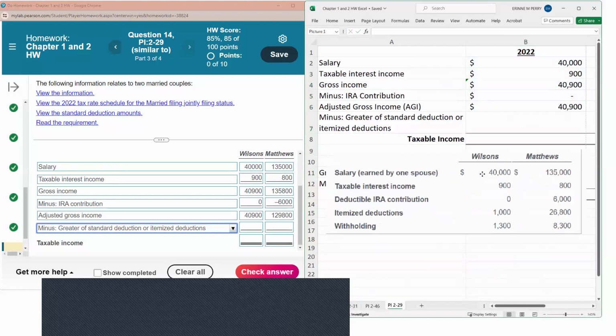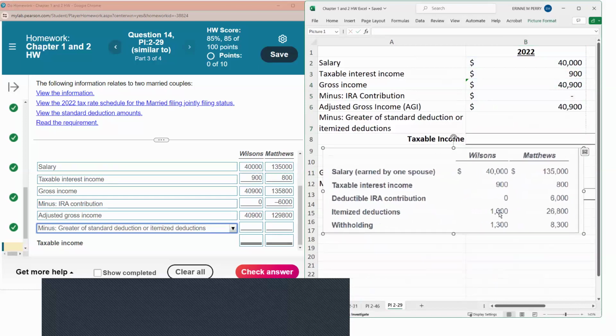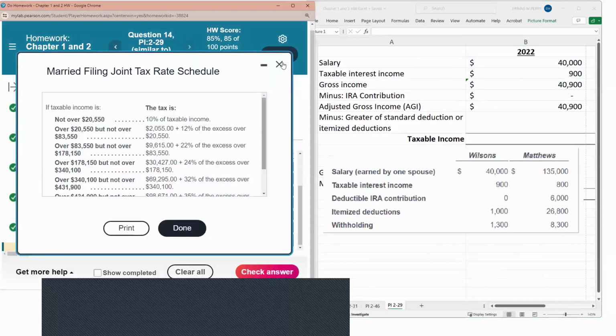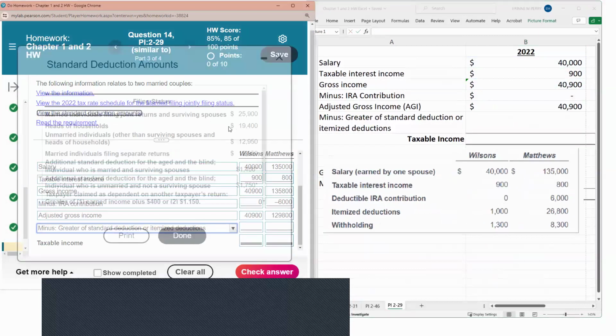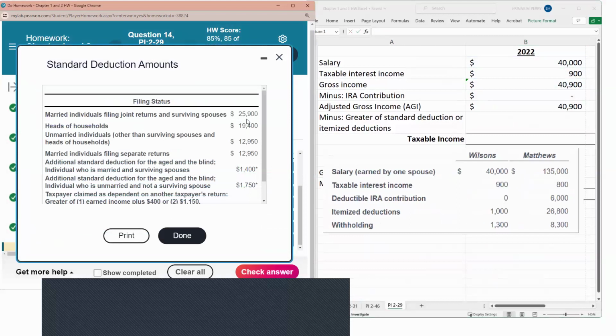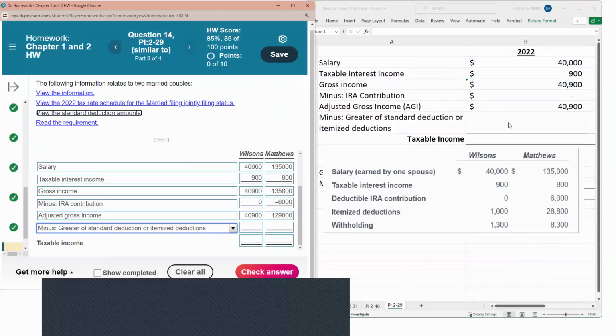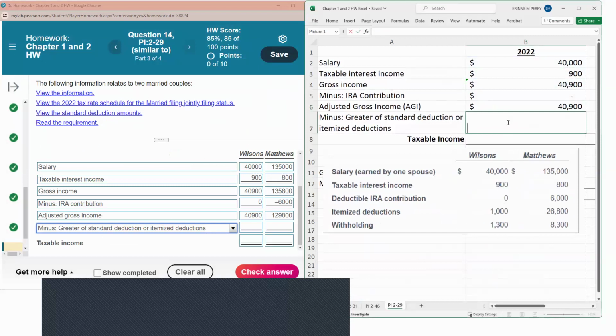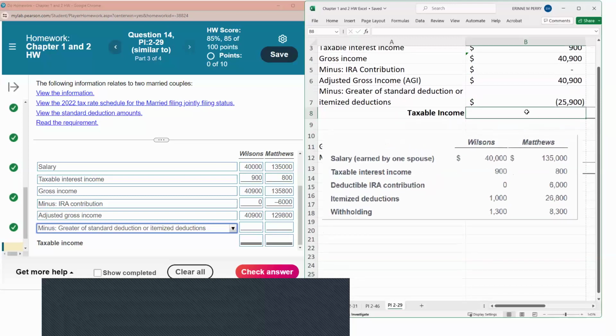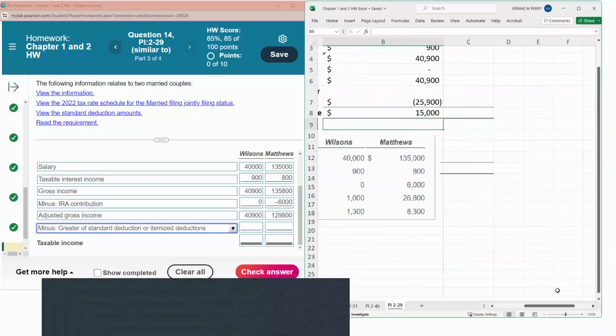So for the Wilsons, their itemized deductions would be $1,000 for 2022. The standard deduction amount would be $25,900. So therefore, in the Wilsons' case, it will work better for them to have $25,900 of their income not be taxable. So therefore, their taxable income would be $15,000.